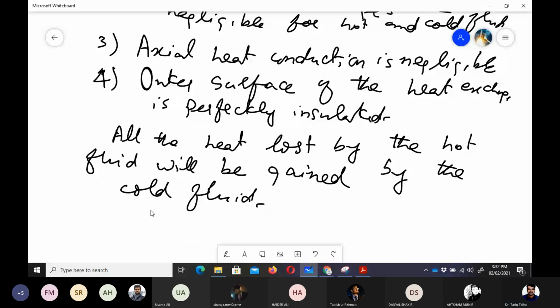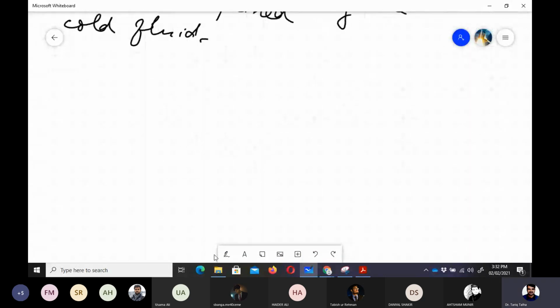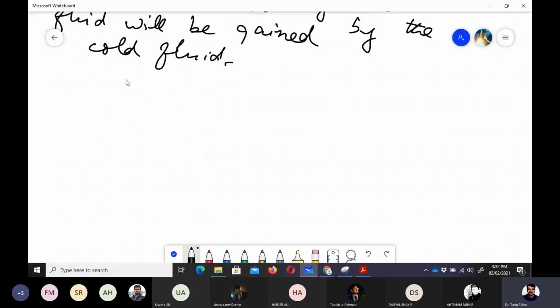So now if we want to write the heat transfer rate for the hot fluid, we can easily write, we know the formula, Q dot is equal to m dot h into Cp h into Th in minus Th out.